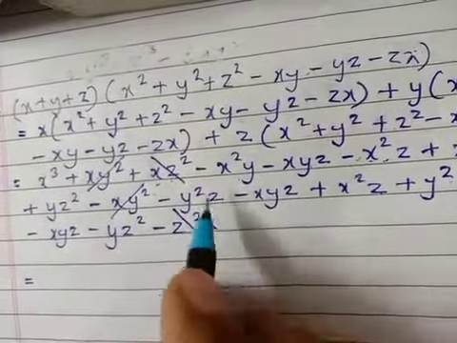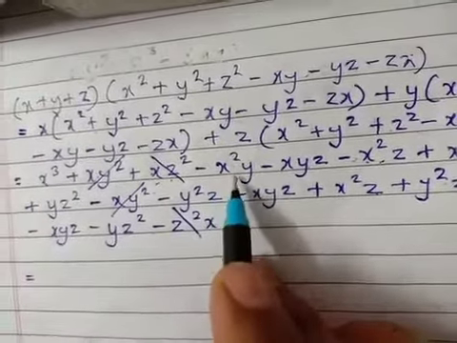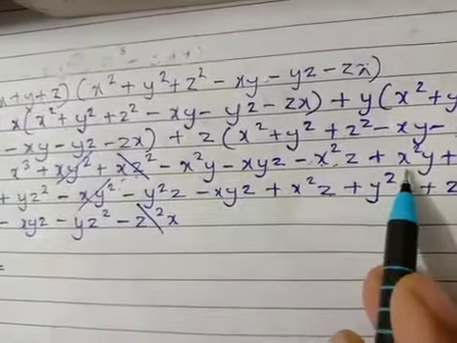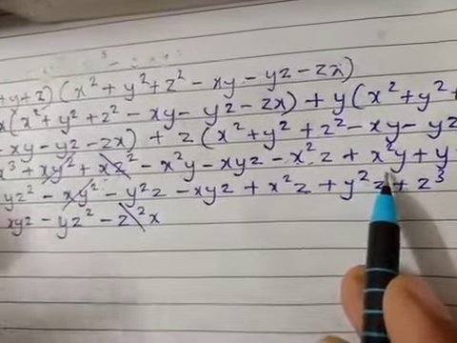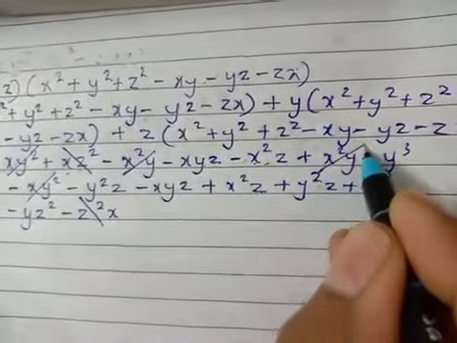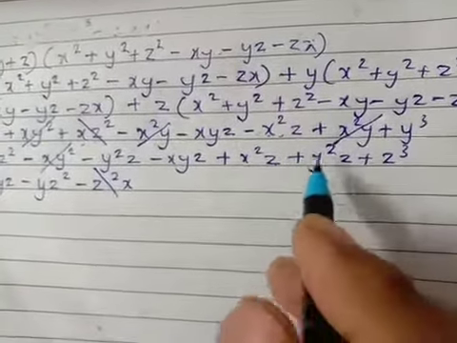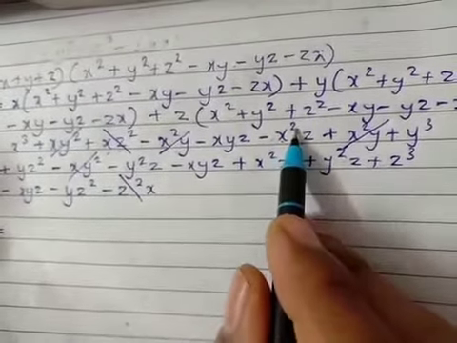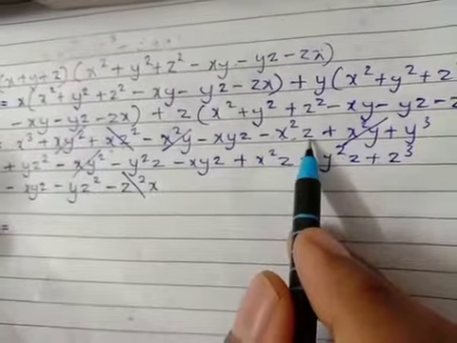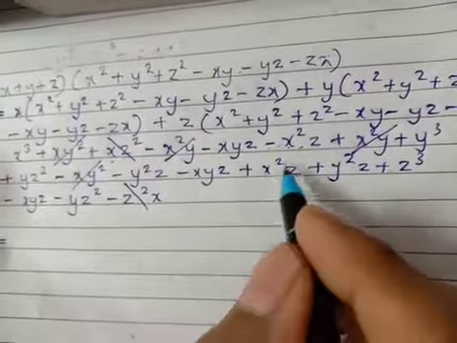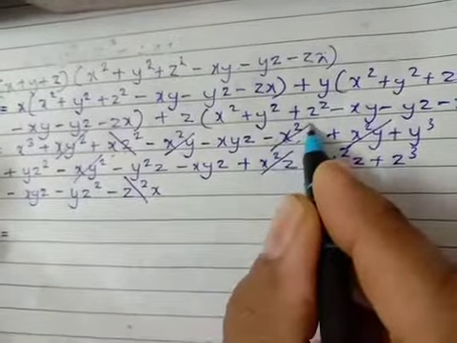Now the third one is x square y, this is minus, and this is x square y, this is plus, so this also get cut. Now the last one remaining is x square z. This is minus, and this is x square z plus, so this also get cut.